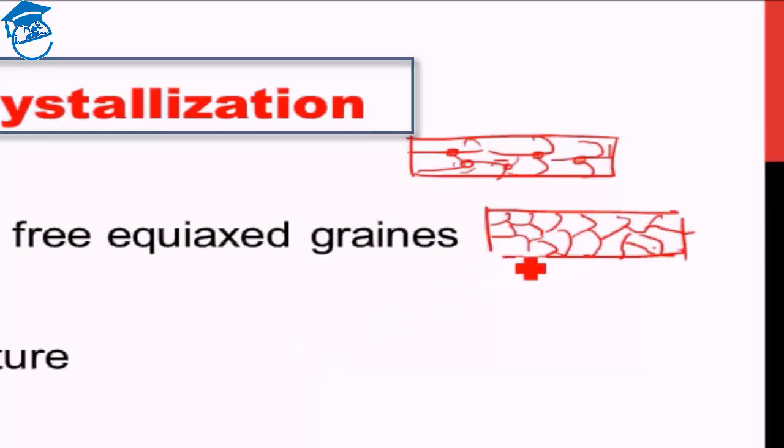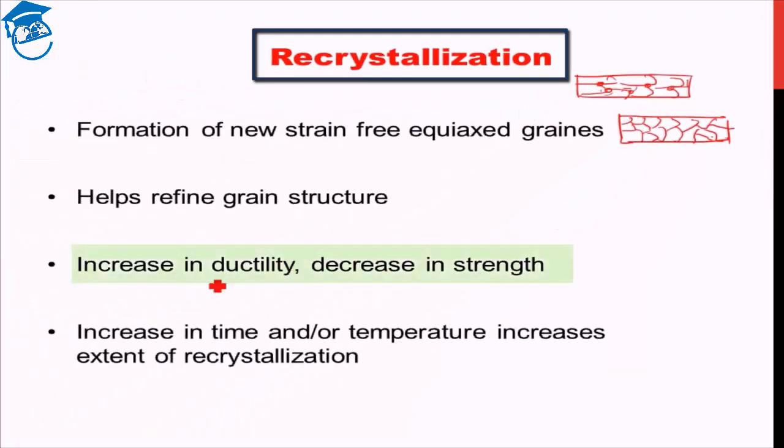This results in two things. This results in an increase in ductility of the material, but compromises the strength of the material. The strength decreases and the ductility increases, but the decrease in strength is not very high. The increase in ductility is much greater than the loss in strength. Why is there a decrease in strength? The decrease in strength is because the dislocation density is reducing, right?